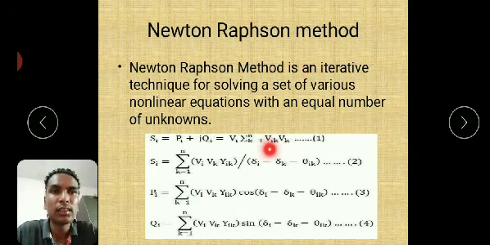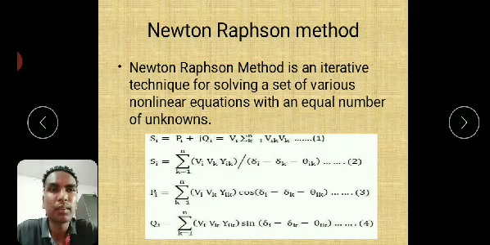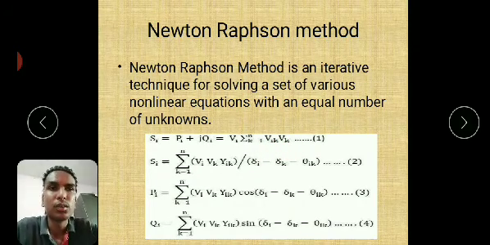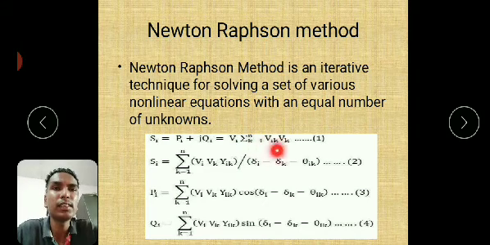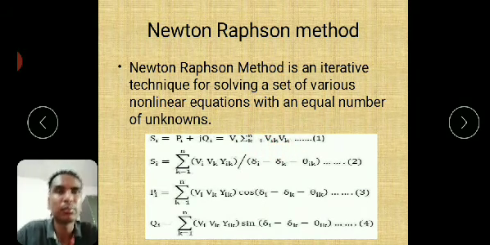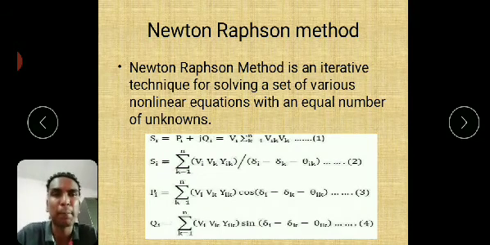Ii is nothing but the sum of Yik into Vk. This is not Vik, this is Yik into Vk, that is admittance into voltage. So this summation is nothing but the KCL. A bus is nothing but a node where the current is the summation of all the currents leaving the node.